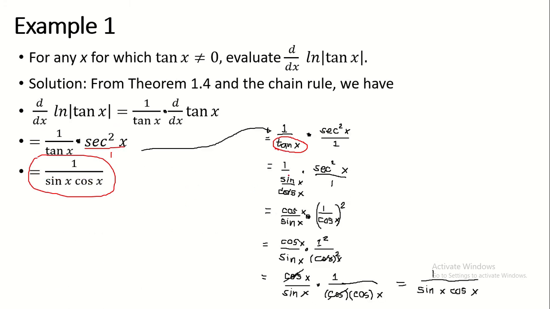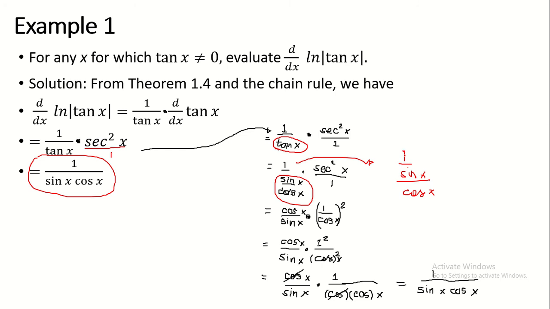Kaya meron tayong sin x over cosine x dyan. Next. Okay? So, ito ngayon ay naging 1 over sin x over cosine x. Okay, so isi-simplify muna natin to.